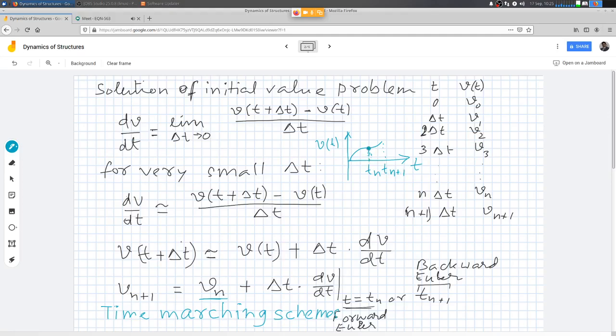So we figure out what is this Vn. Vn is the same as V at Tn, and we find out the derivative of this function at this point, and multiply by delta t, and that is the derivative approximation, and that is what we add to Vn to get the estimate of V at the next time instant.